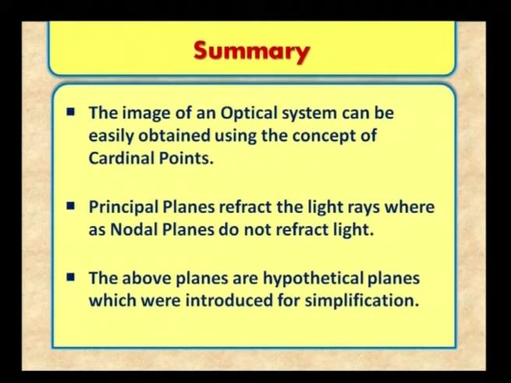They are hypothetical planes, introduced basically to simplify the problem, wherein instead of four refracting surfaces giving rise to deviation of the light ray, we use the cardinal planes and the Gaussian points.